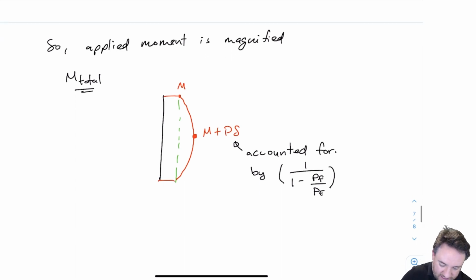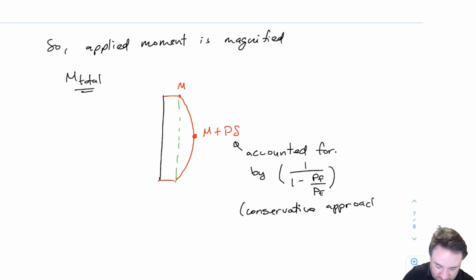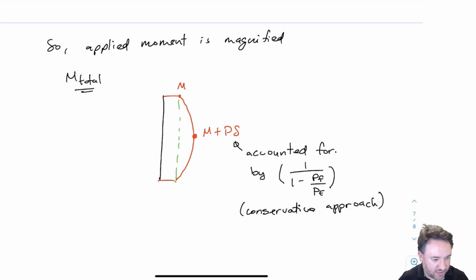And the reason that it's okay is because this is a very conservative approach. So we get a bigger magnification than maybe we need, but it's meant to cover all types of typical geometries that we're going to end up with in situations like this.